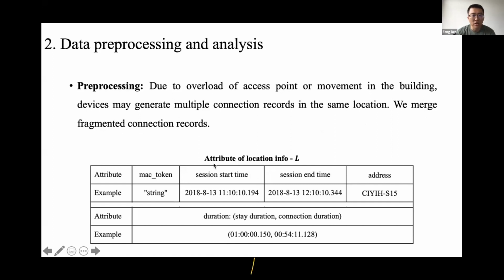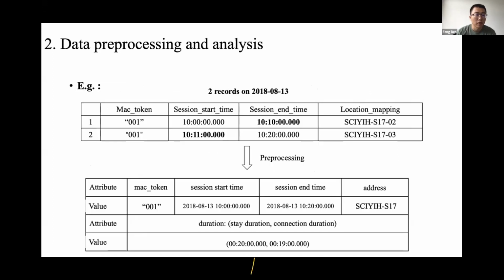After pre-processing, we can get the information that a device connects to Wi-Fi at a location, L. L contains the device token, where and when the connection happened, as well as the stay and connection duration of the device at that location. And this is an example of pre-processing.